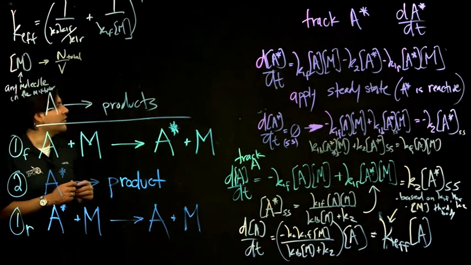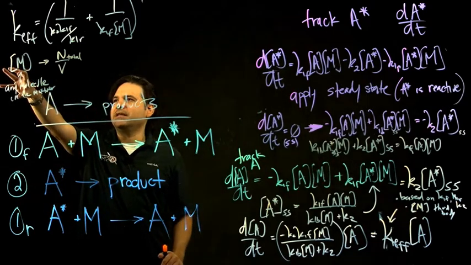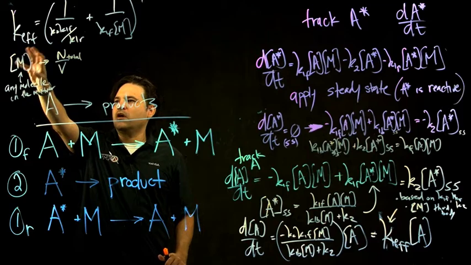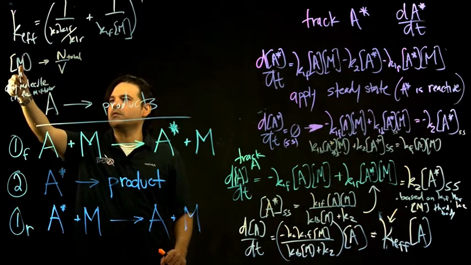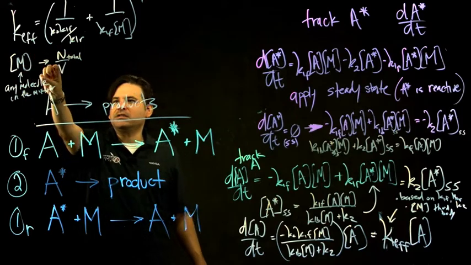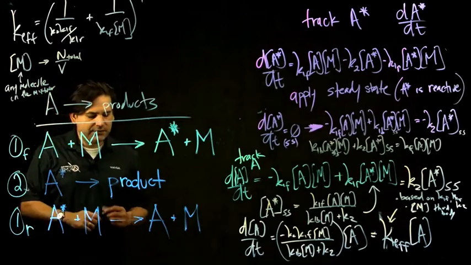All of the molecules in the mixture contribute to this concentration, the density of molecules, moles per liter, moles per volume, in the gas phase. It can be related to the ideal gas equation using N over V.